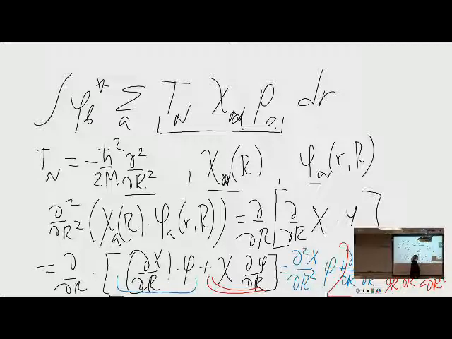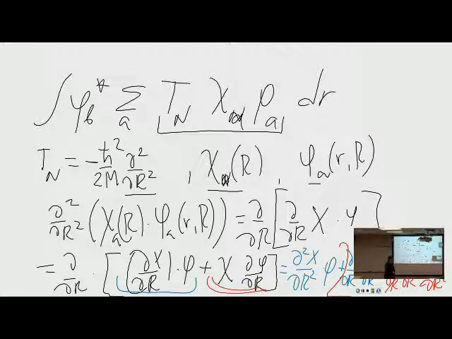One very normal term, the last term, is when the derivative operation is applied only to the chi function, and this is the pure kinetic energy of the nucleus.